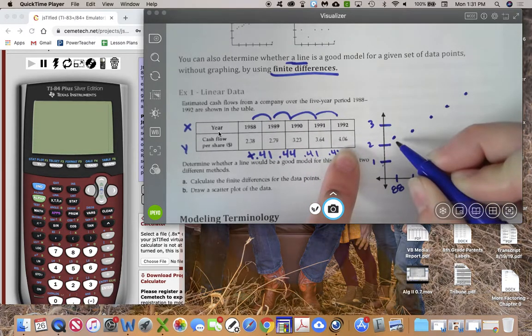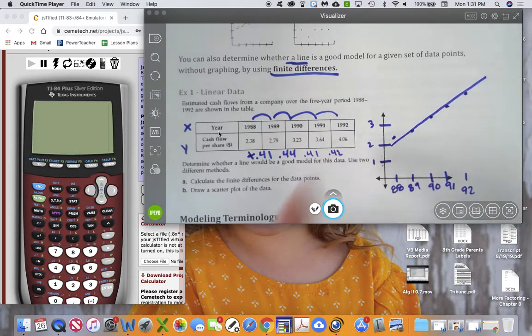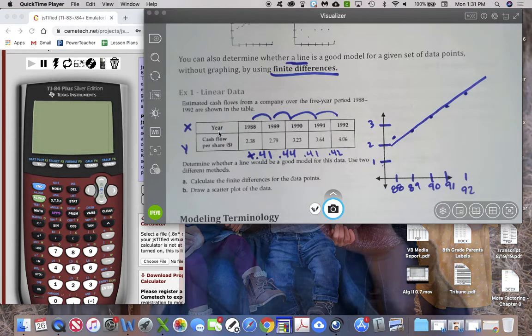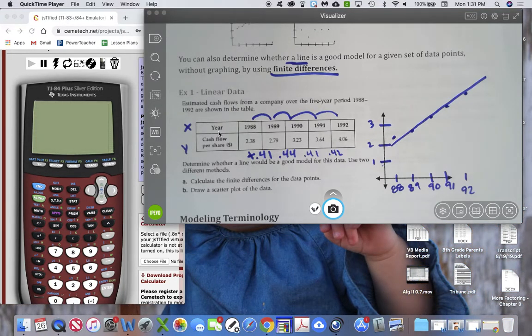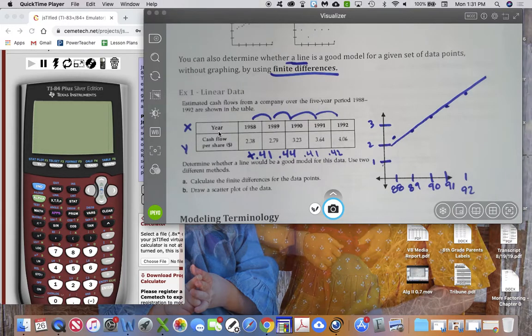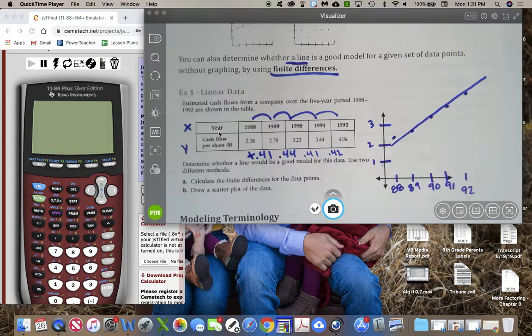So, if I draw my line, it's going to be pretty close to probably all of those dots, but not go exactly through it because one of them kind of dips down a little bit, right? Okay? So your line will not go directly through all of those dots. It won't be completely straight, but you can draw kind of a line of best fit, or a trend line, that is close to all of those dots, okay?